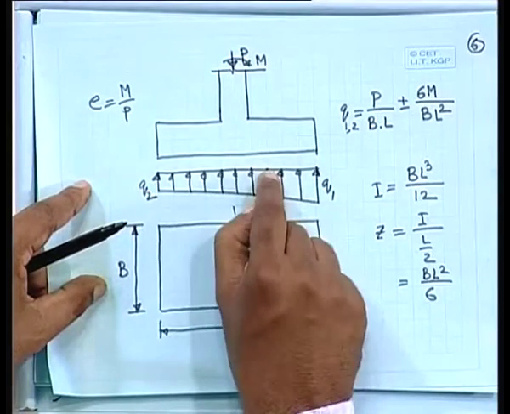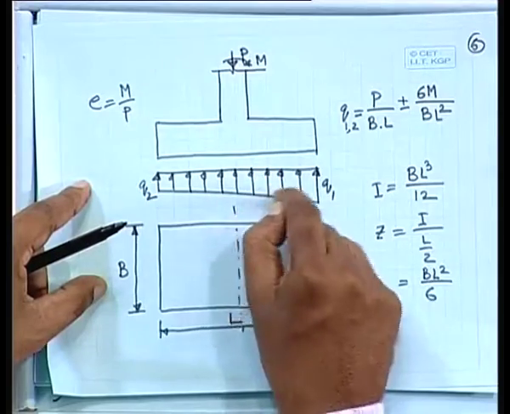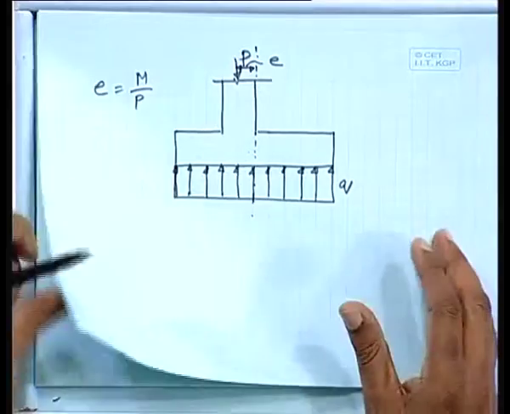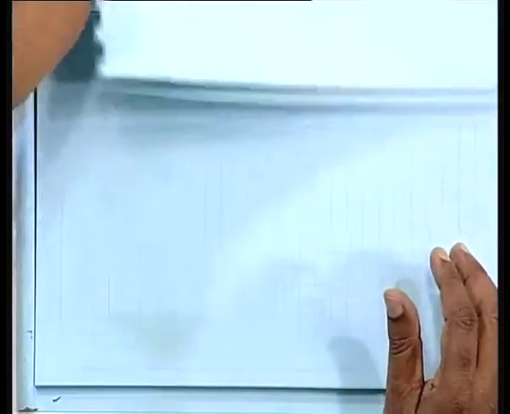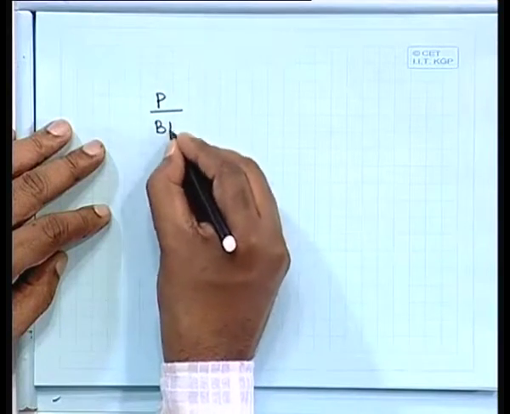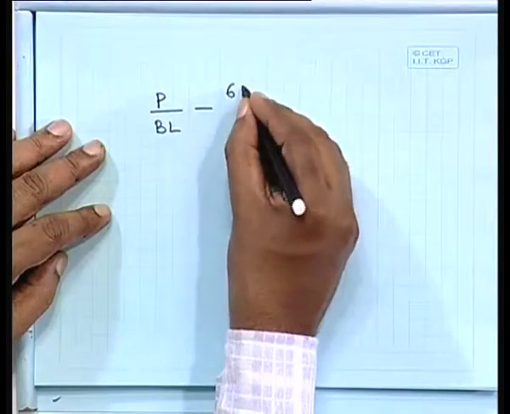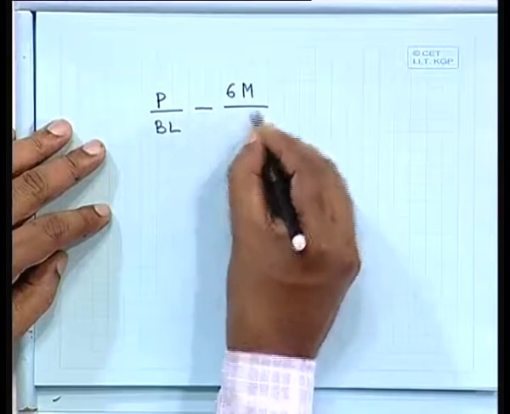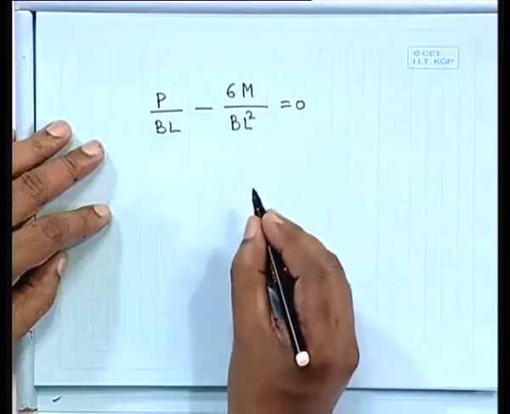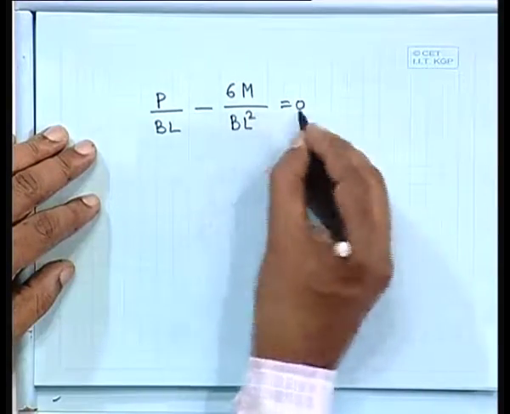If we go further, then it may happen that only a certain portion is in contact, that is also possible. So if we write P by BL minus 6M by BL square equal to 0, what shall we get?